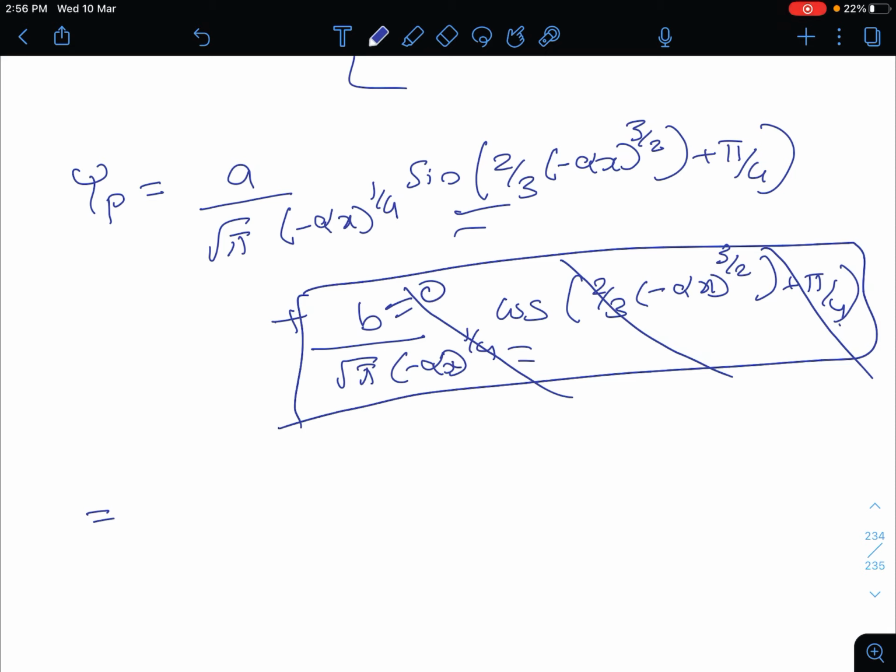Okay, so good. Now this is a by root pi minus alpha x all raised to 1 by 4.